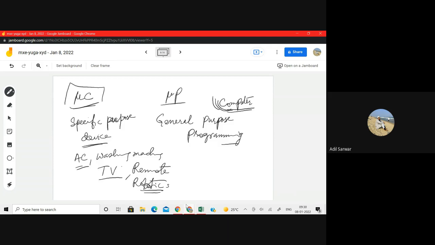So a microcontroller is everywhere, even in your home. You might not realize, but if you look deeply, you will find hundreds of microcontrollers you are already using, knowingly or unknowingly. But microprocessors are very few, one or two, maybe in your laptop, in your computer.